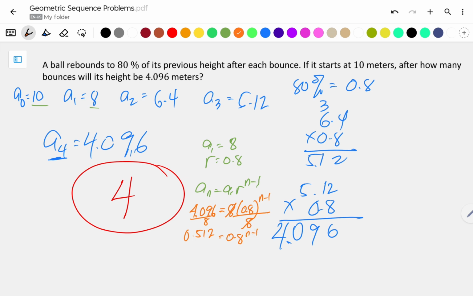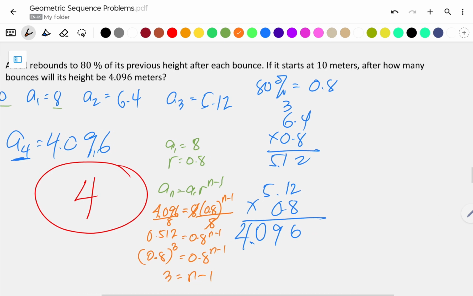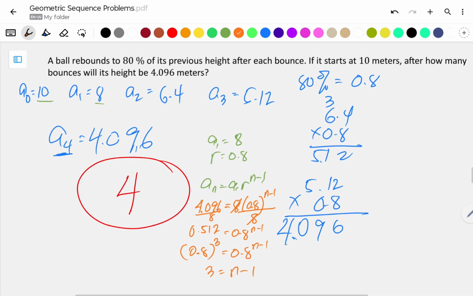And 0.512 is actually 0.8 cubed. So n minus 1 is 3. So add 1 to both sides of the equation, and you will get n equals 4. So n is 4.